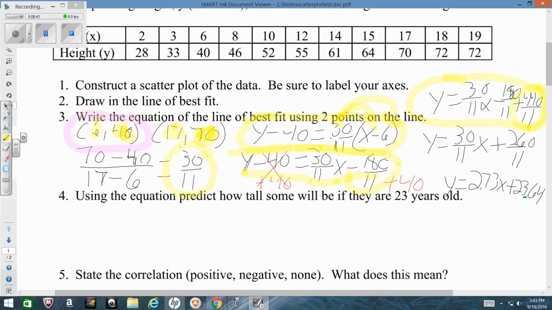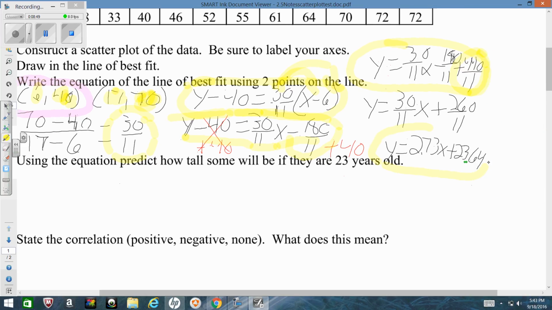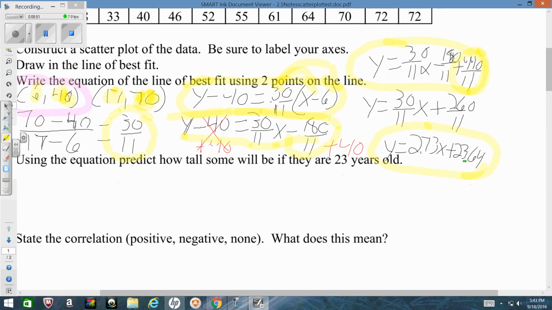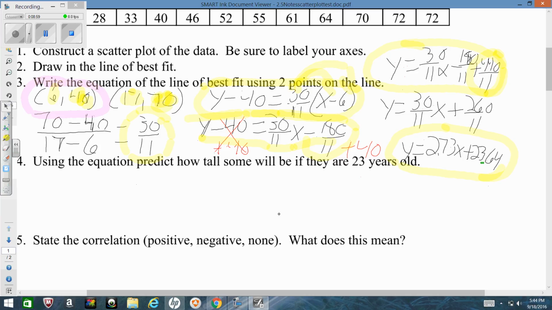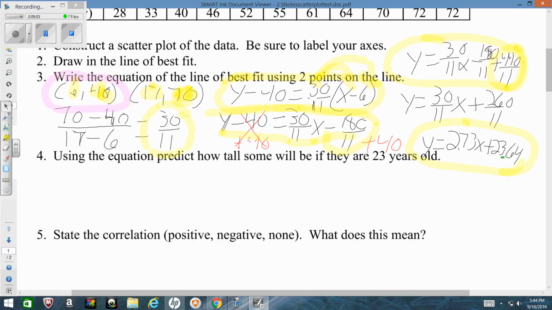So then I simplified that to y equals 30 over 11x plus 260 over 11. And from there, I wrote it in decimal form, which is y equals 2.73x plus 23.64. Again, I know I did that fairly quick, but you can rewind, fast forward to make sure you're getting that work.